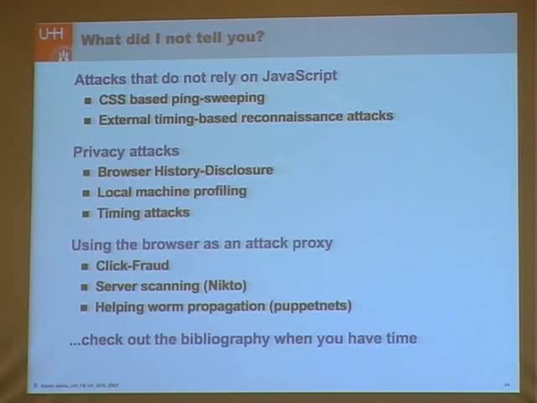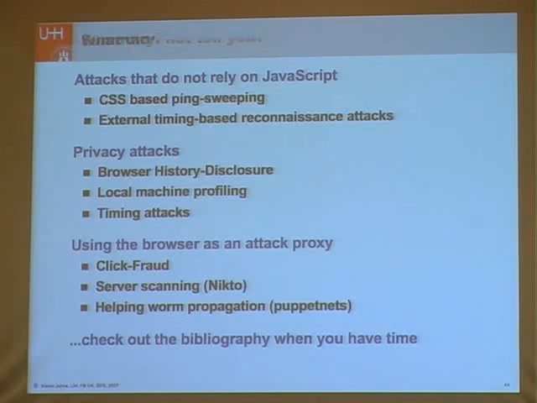It has been shown that DNS rebinding attacks can be used to do click fraud. It has been shown that just JavaScript using some external mechanisms like Google Translate can be used to do audits of third-party websites. So your browser is now scanning Google for cross-site scripting and SQL injection problems. And it has been shown that websites can be used to help worms propagate by identifying victims. So I think in this area we will see a lot of action in the next 12 months.